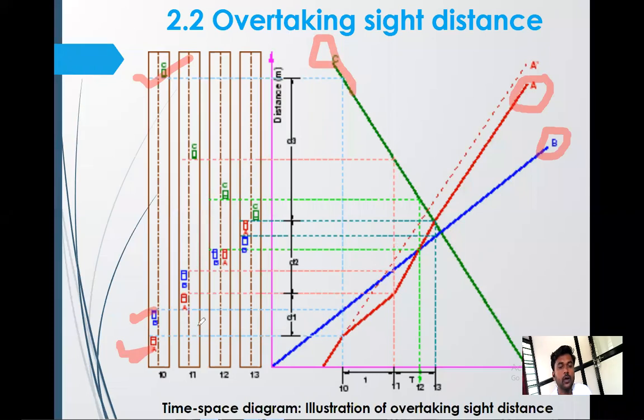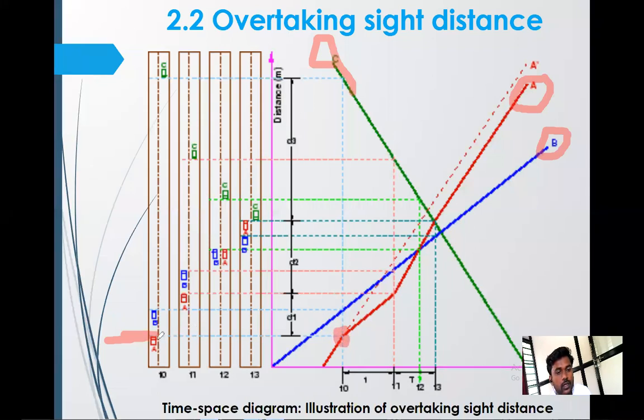Now see here, they have shown how the time and space diagram is related. See at this first point, the dotted line shows where vehicle A is.